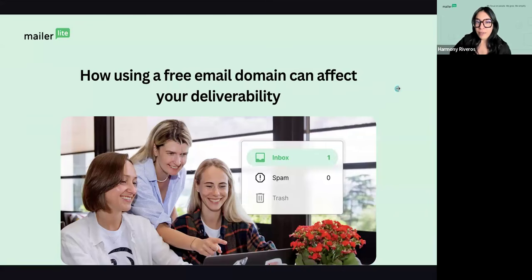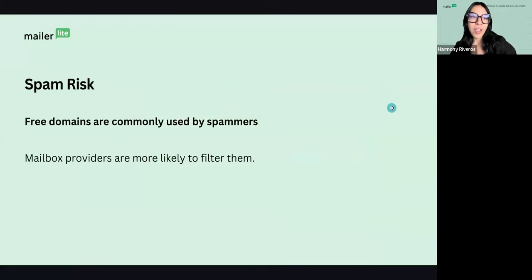When we talk about sending from a free email domain, it can actually affect your deliverability, even though it is possible. So if you are sending from a free domain still, or you don't have a paid domain yet, these are some ways that it can be affecting your deliverability. For example, free domains are commonly used by spammers, and this is something that spam filters know.